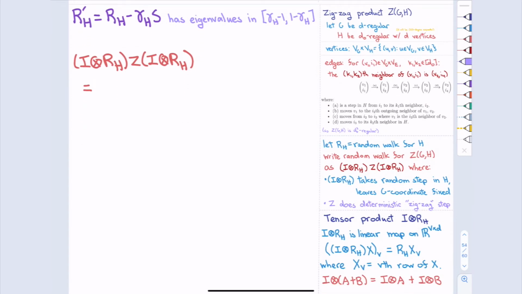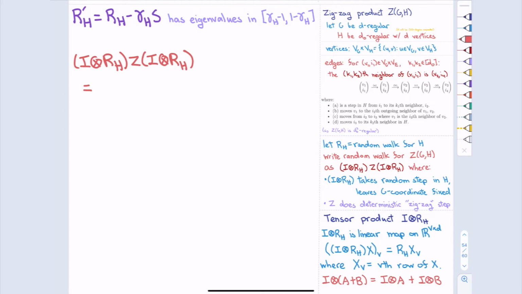Okay, so this step is not super exciting, but we're just going to plug in RH is equal to one thing minus the other, and then we'll have to break it out into terms.